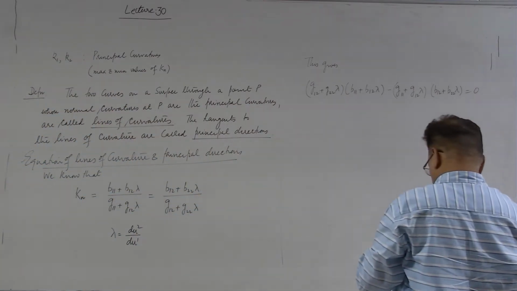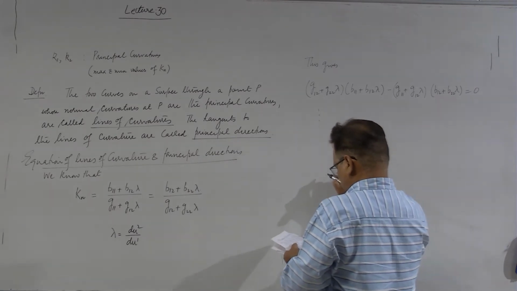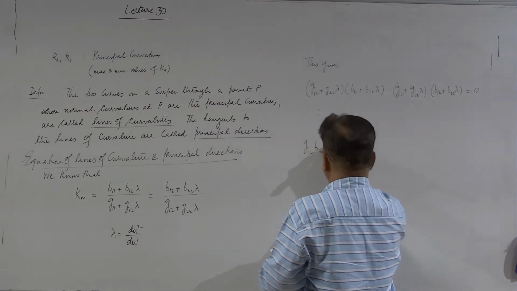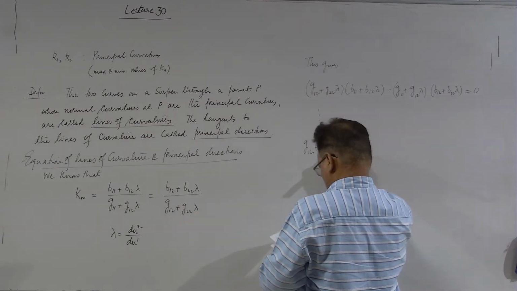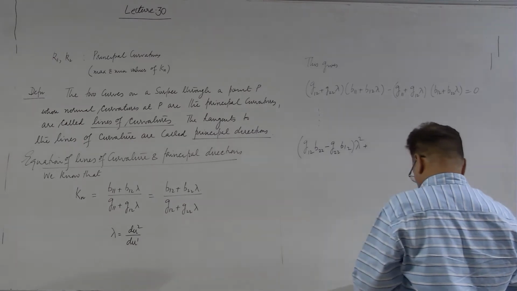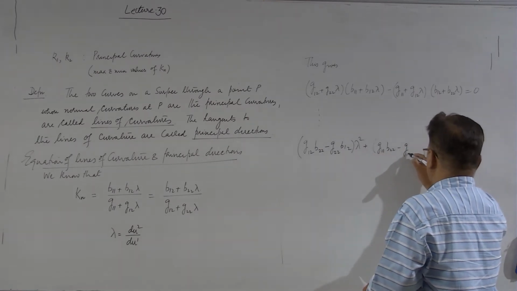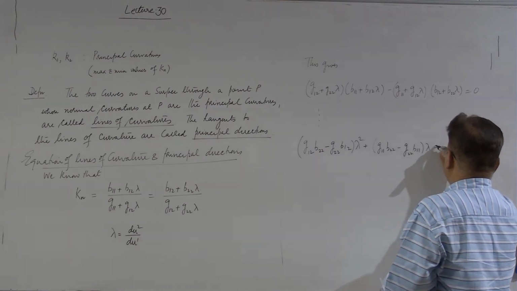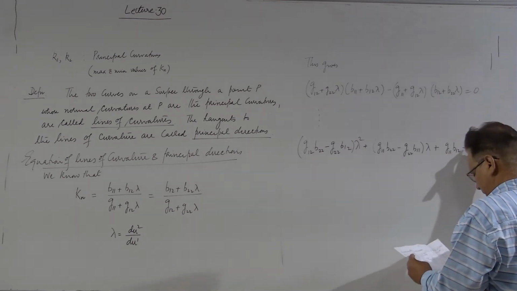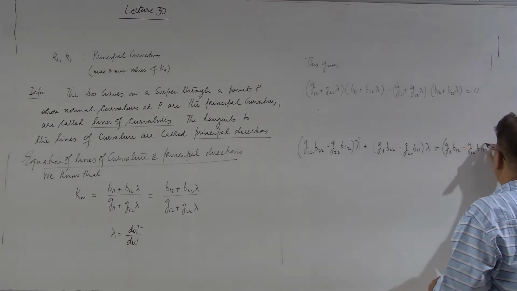After simplification, this equation becomes (G12 B22 minus G22 B12) lambda square, and then plus (G11 B22 minus G22 B11) lambda, and plus (G11 B12 minus G12 B11) equal to 0.